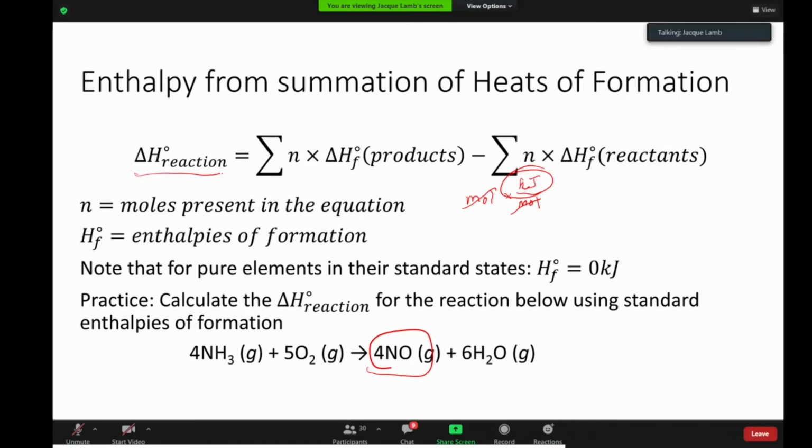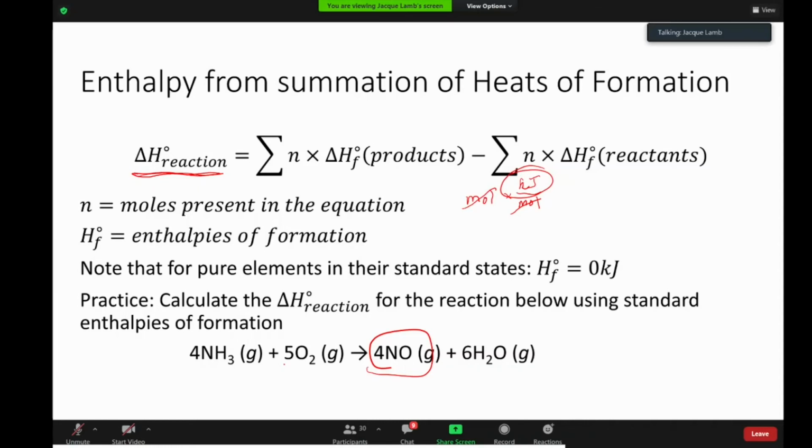You use the exact same formula, except that you are given the delta H of the reaction as a whole. You would be given a table with the standard enthalpies of formation of water and ammonia. You know that oxygen is in its standard state, so delta H of formation is 0. The only number missing would be the heat of formation of NO. So you could be asked to calculate that as well from a similar type of reaction.